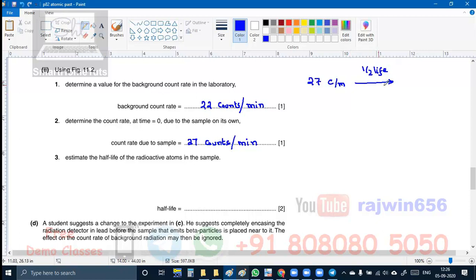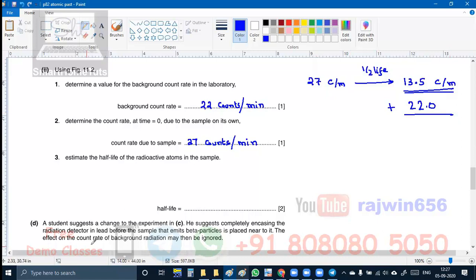After one half-life, it should be half of that, that is 13.5 counts per minute. This should be the count rate only for the radioactive substance, but in that also background radiation is present. So I'll have to add that.